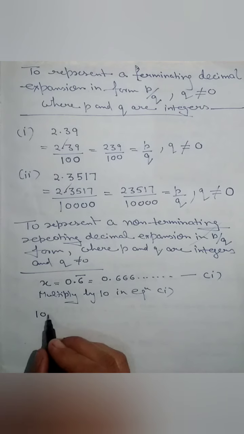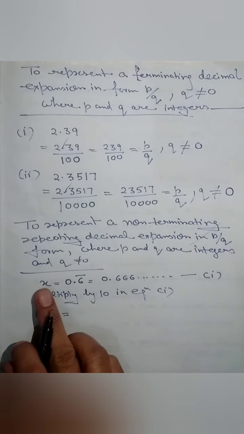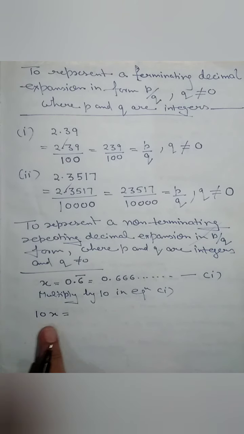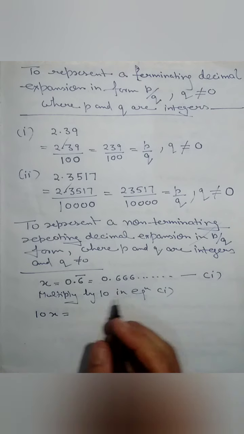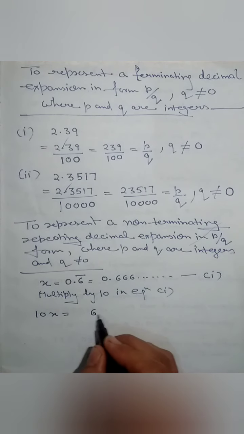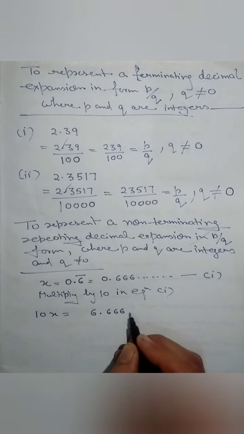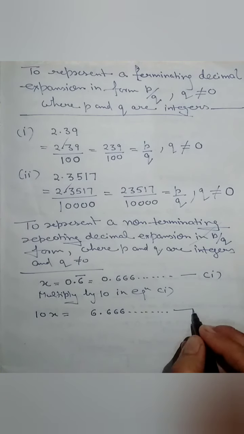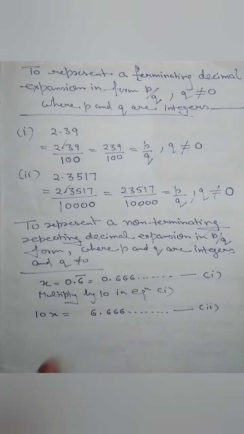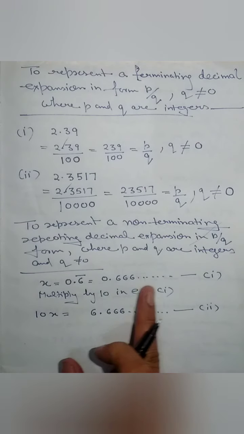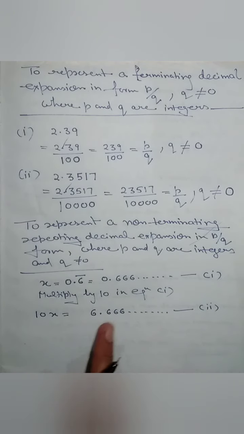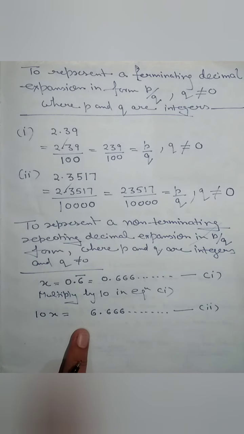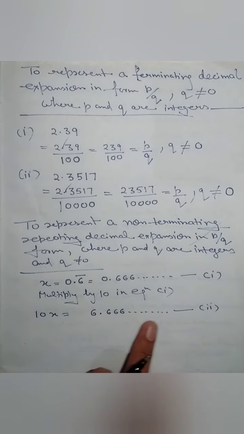We get 10x is equal to, multiplying the right hand side, 6.666 and so on. As we can see, there are infinite numbers of 6, so one 6 will be shifting to the left hand side of this decimal and we are getting 6.666 and so on.